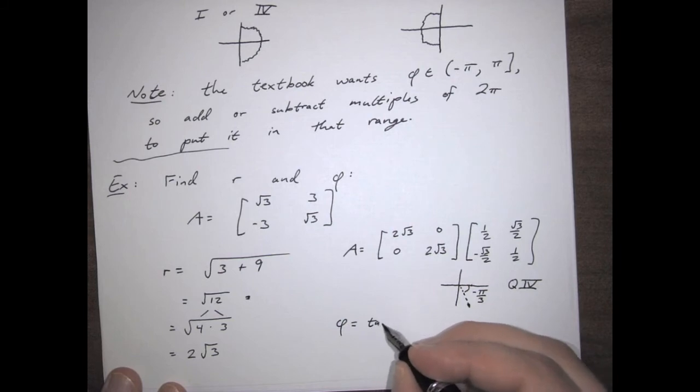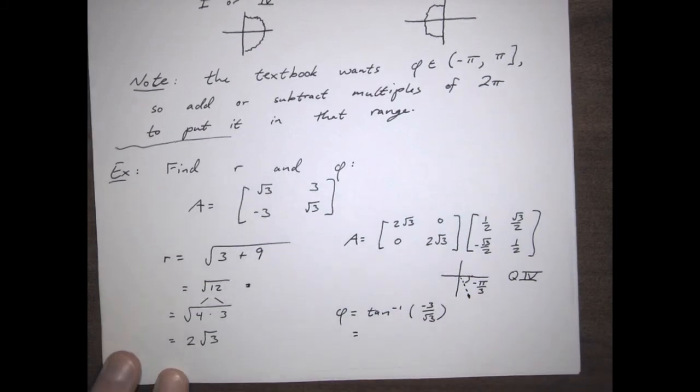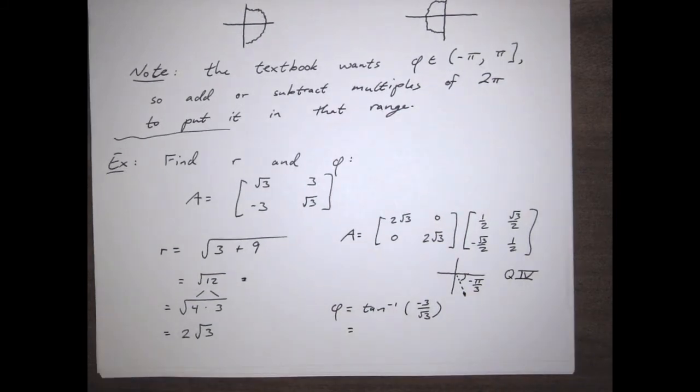So it's going to equal tangent inverse of b over a. So that's going to be negative 3 over root 3, which you don't have to be a hero, and you don't have to go figuring this out just using your brain.